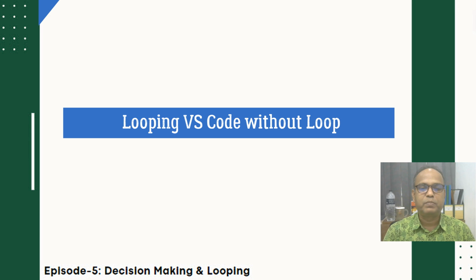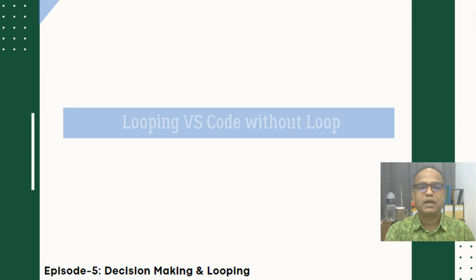Otherwise, we would have to repeat the same line multiple times. Let's say we want to print all even numbers from 1 to 10. For this purpose, we need to write the code for checking and printing each number from 1 to 10. That means 10 lines of code are required, but if we use a loop, a few lines are enough.